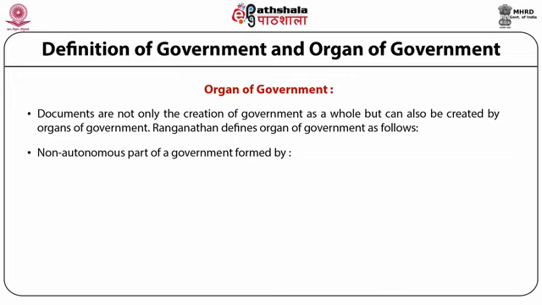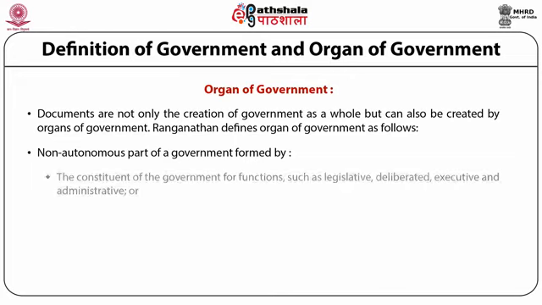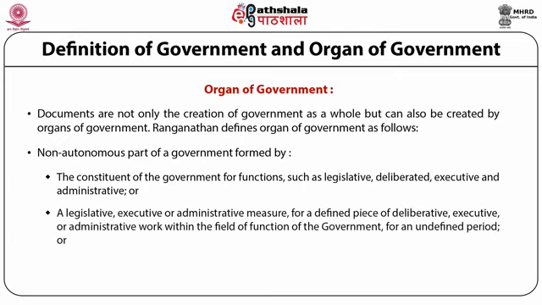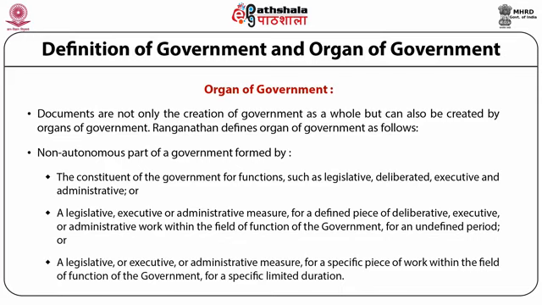Non-autonomous part of government formed by, first, the constituent of the government for functions such as legislative, deliberative, executive, and administrative, or second, a legislative, executive, or administrative measure for a defined piece of deliberative, executive, or administrative work within the field of function of government for an undefined period, or third, a legislative or executive or administrative measure for a specific piece of work within the field of function of the government for a specific limited duration.